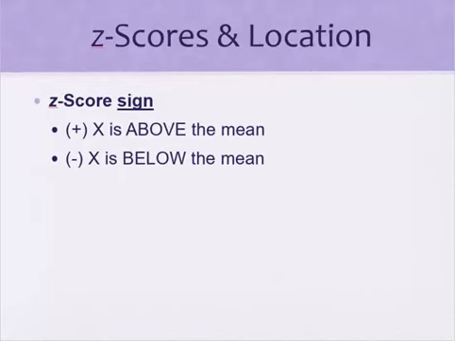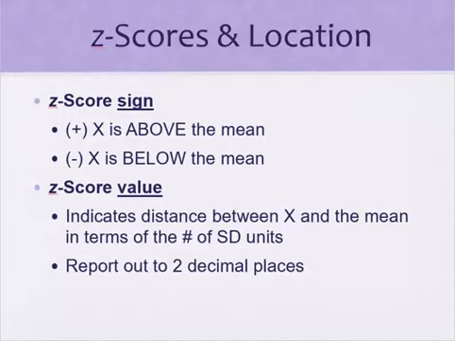A lot of times it's almost a force of habit. If we calculate a z-score and it turns out to be plus 2.31, a lot of times we forget to put the plus because we just assume, well, since there's no negative value, it's automatically a positive number. But remember, in order to get full points, you have to put the plus or minus sign. So don't forget to do that correctly.